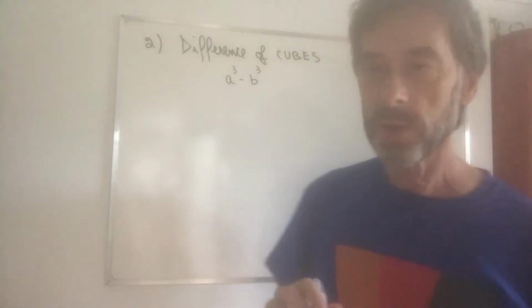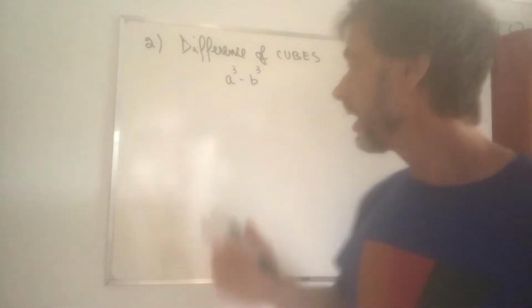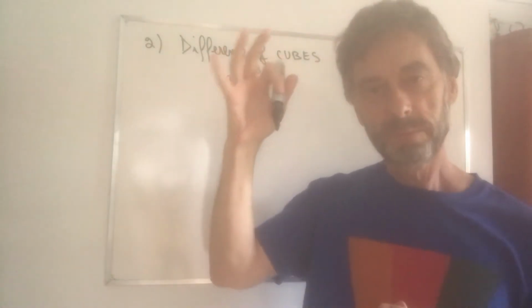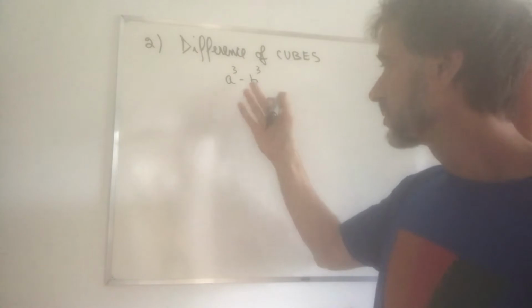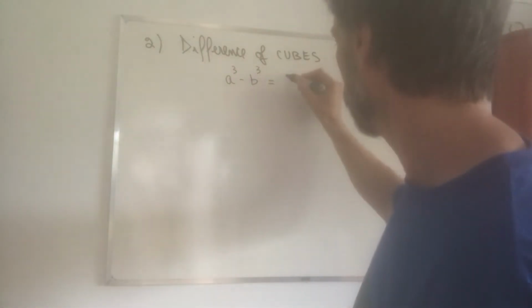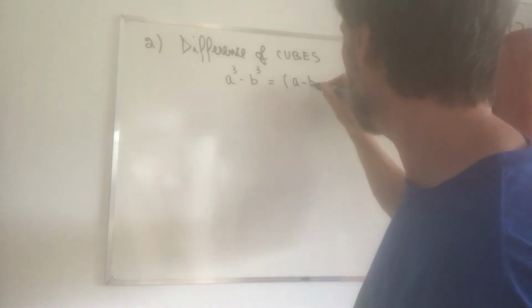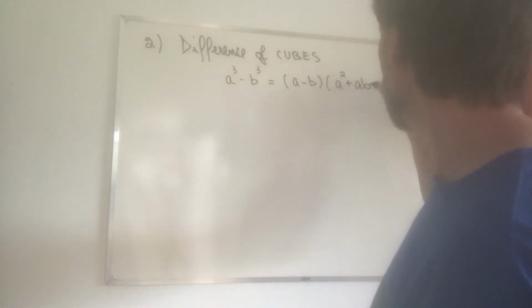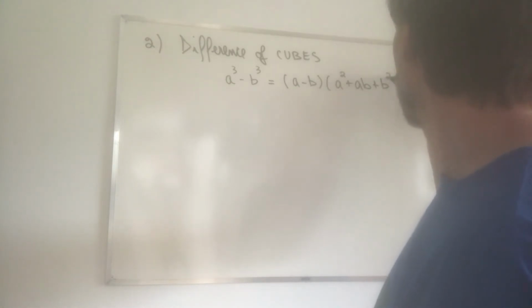So this situation will apply every time we have something that can be written as bracket power of 3 minus bracket power of 3. Formula for this, a minus b multiplied by a squared plus ab plus b squared.